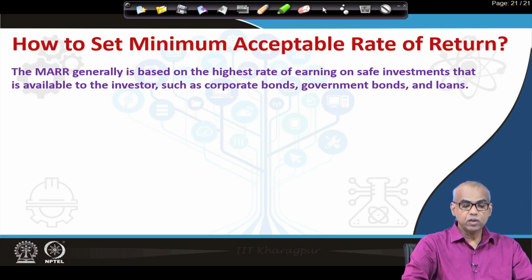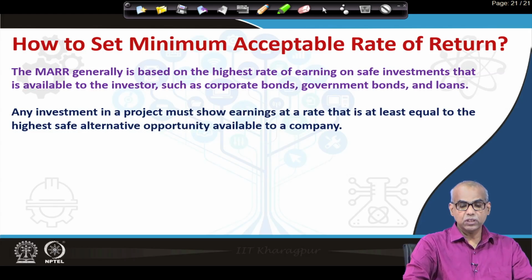The minimum acceptable rate of return is generally based on the highest rate of earning on safe investments that is available to the investor. For example, corporate bonds, government bonds and loans. So, your business plan must return more than such safe investment options available as corporate bonds, government bonds, etc.